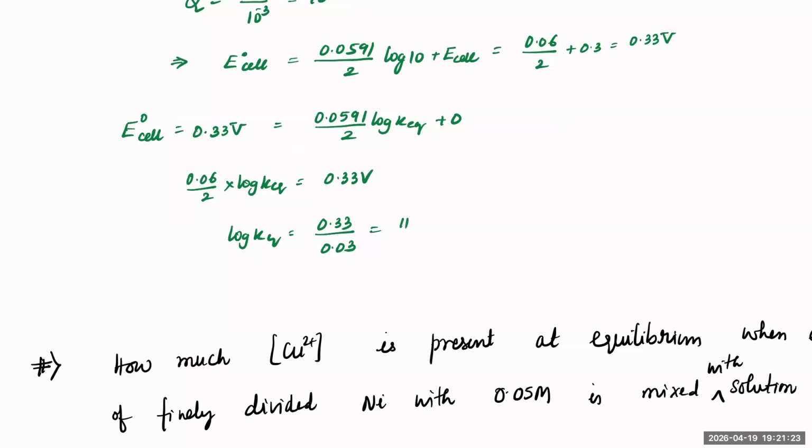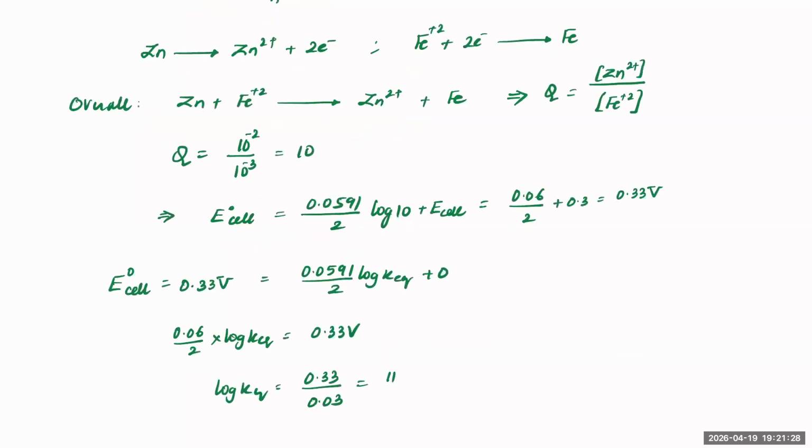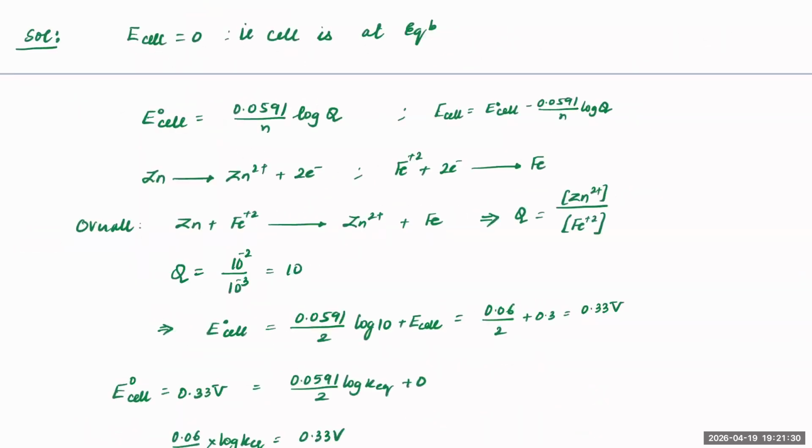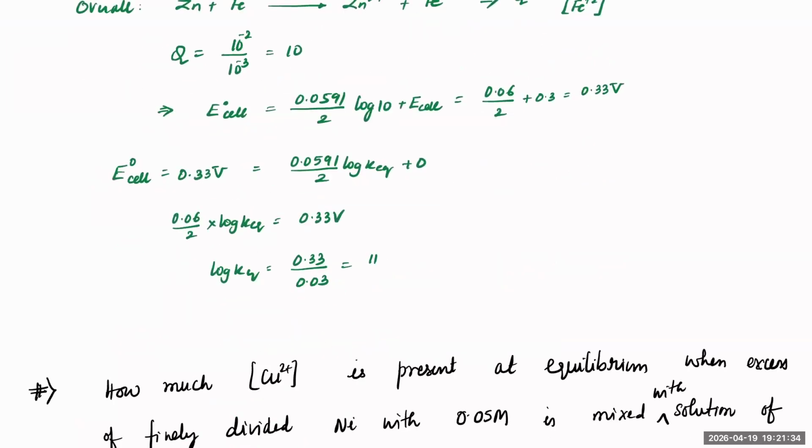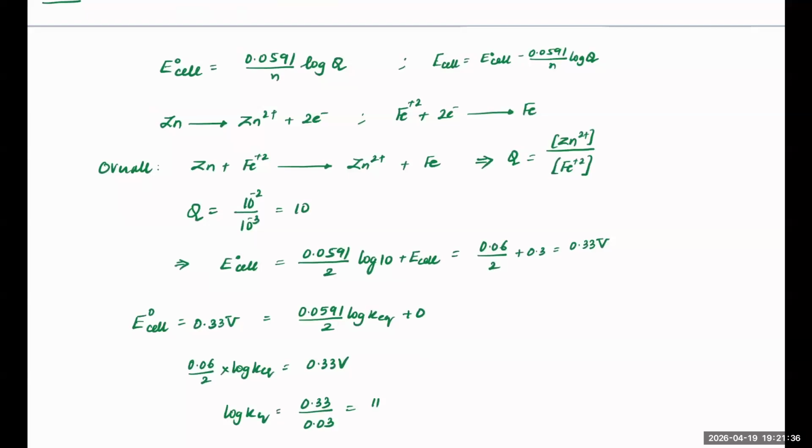Okay. So you can see 0.3, 0.3. So 1 second. We got 0.3 here, 0.03, 0.33 here. I was getting 11.